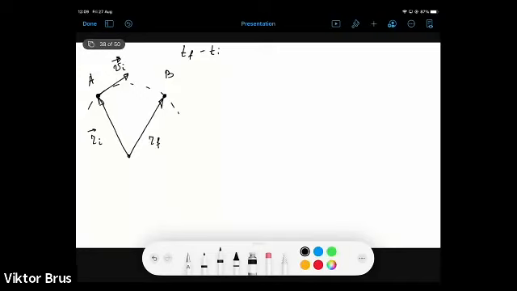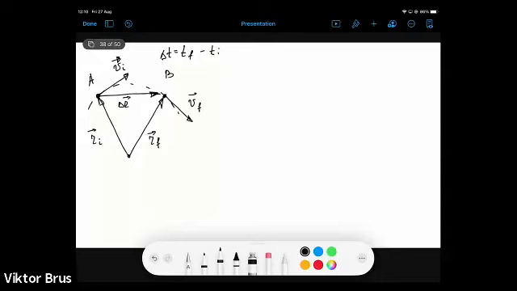Let's call it R final. And it has this velocity vector, V final. During this time interval, let's call it delta t, the displacement of the particle, actually a vector which connects points A and B, will be defined as this, and let's call it delta R, the change in the position vector.